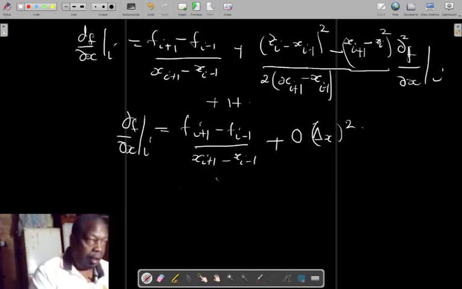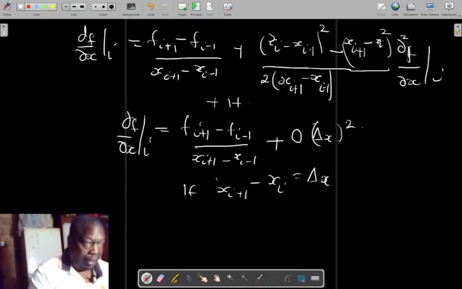Now, if x_{i+1} minus x_i is equal to delta x, you'll concur with me that x_{i+1} minus x_{i-1} is equal to 2 delta x.